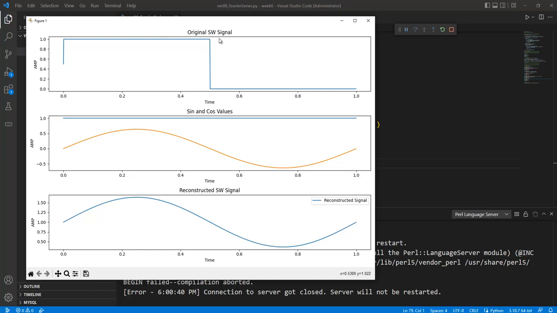This is the original signal, this is the two sine and cosine values, okay, but the reconstructed signal is not like a square wave, right?